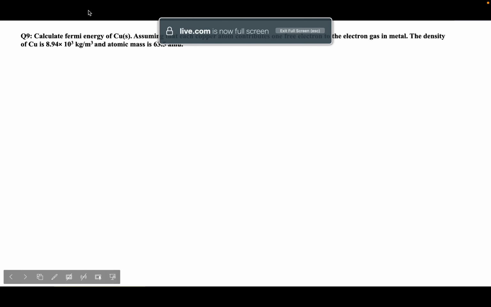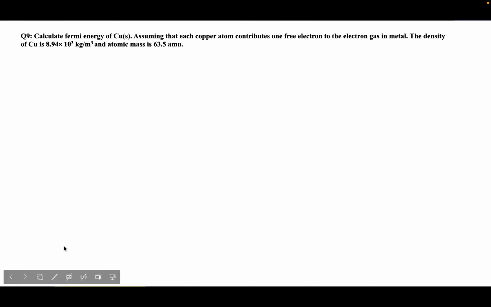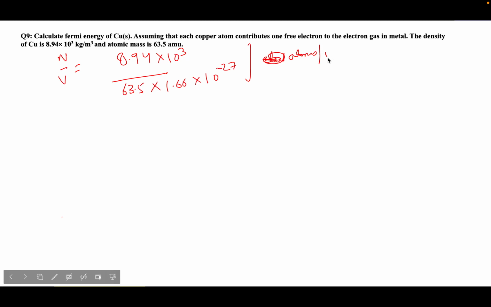We know N by V, so now we can calculate the value.